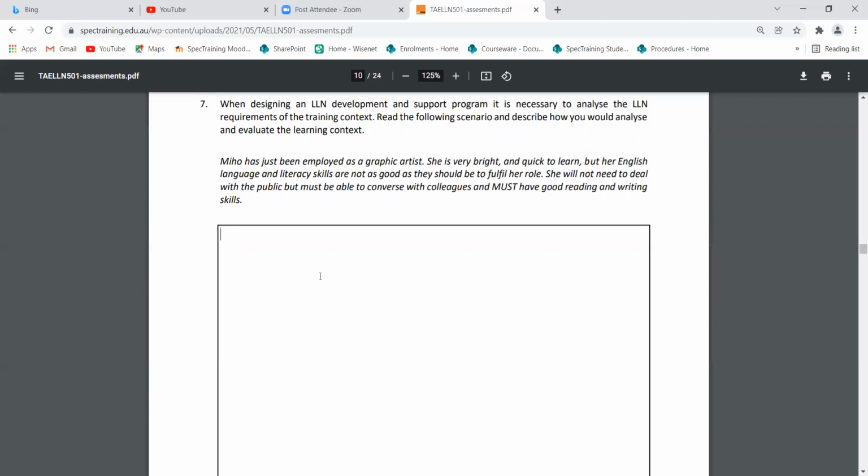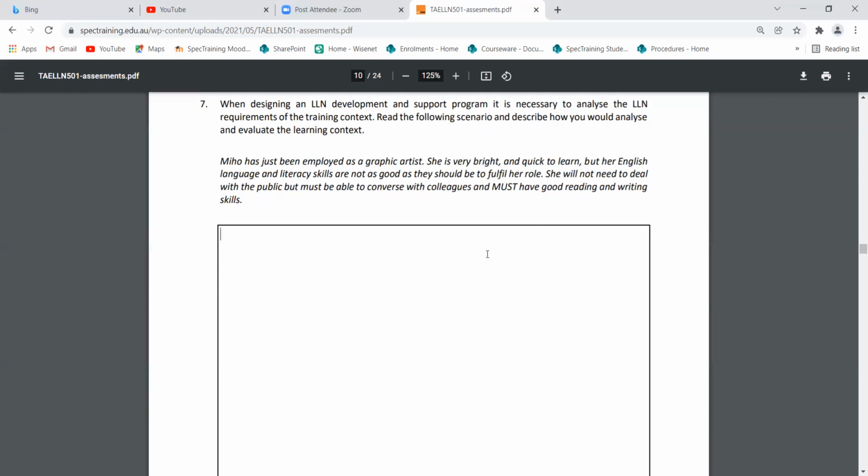And in the training, the key areas that we would need to support are this and this, based on what we can see. And then you may even talk about if her role ever grew, in the role of a graphic artist, she may need to think about X, Y, Z. So we're really focusing on the broader context, not just Miho, if that makes sense.